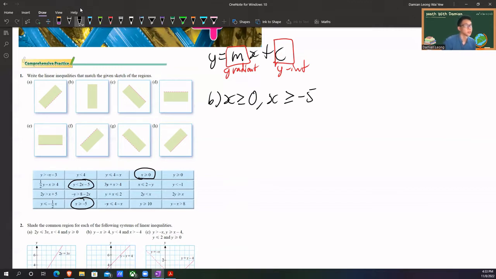So for the A, going up, positive gradient, and look at the shaded region. The shaded region is above the line, meaning it should be more than. So it should be y more than a positive x value. So we look for y more than a positive x value. First line, there's none. Second line, this one, if I bring over the minus x, then it becomes positive x.